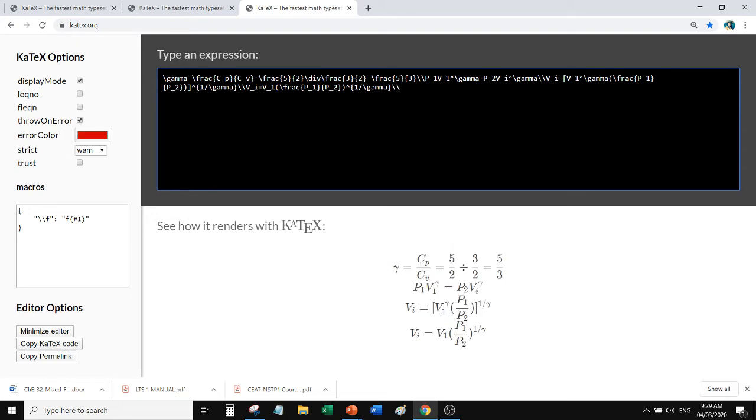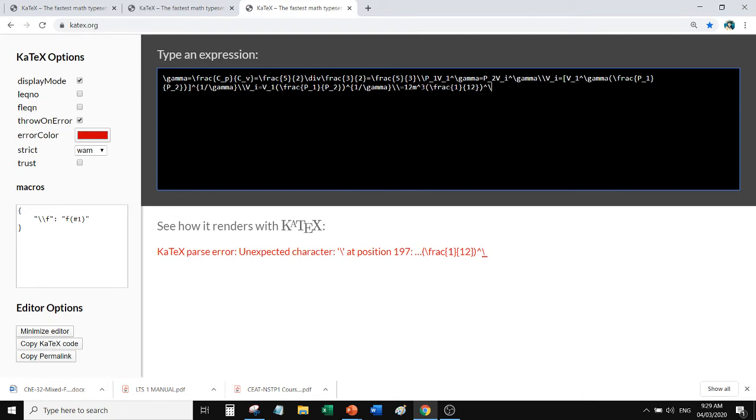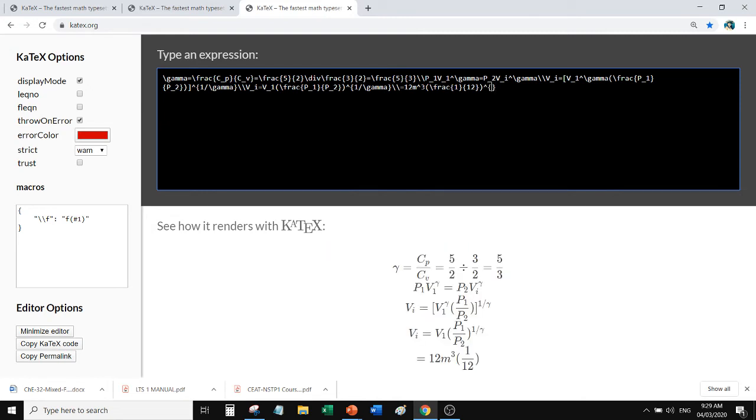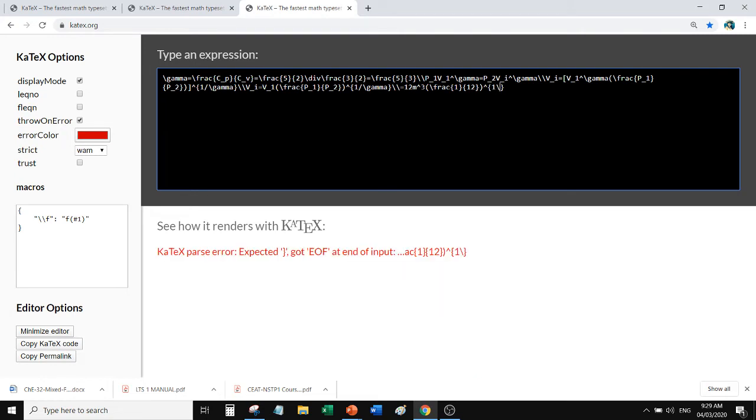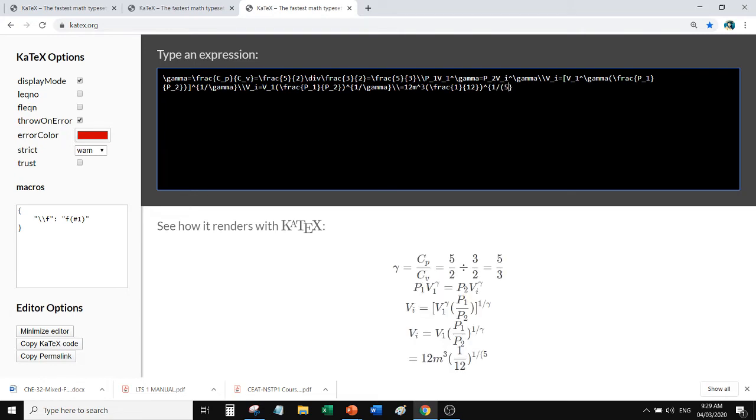Substituting the values, we have, again, it doesn't matter what unit we use here because the units will cancel out for pressure. This would be 1 over 5/3, or that would be 3/5.